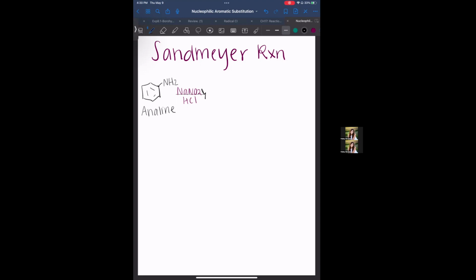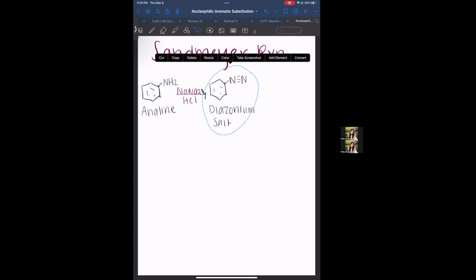And this is going to give us our diazonium salt. So it's going to be benzene, nitrogen triple bonded to a nitrogen. So, diazonium salt. And then there are kind of three courses of action that we can take once we have this diazonium salt.